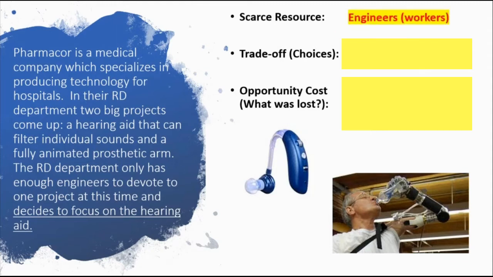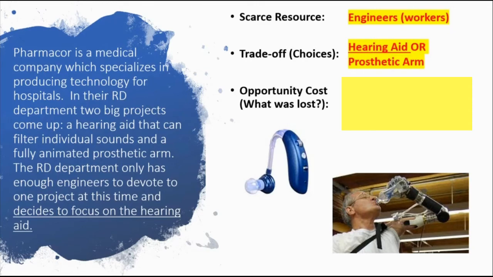Engineers. Very good, Brandon. So the workers, we don't have enough labor. That's why we can't do both. So we've got to focus what resources we do have. In this case, the workers, the engineers, we got to focus them on one of the projects. So the trade-off involved is the two projects, the hearing aid or the prosthetic arm.